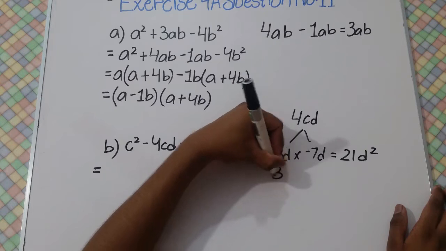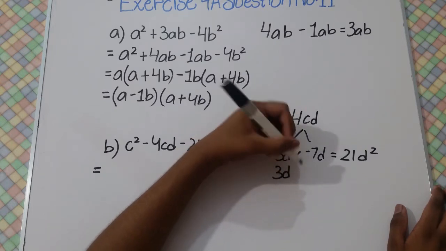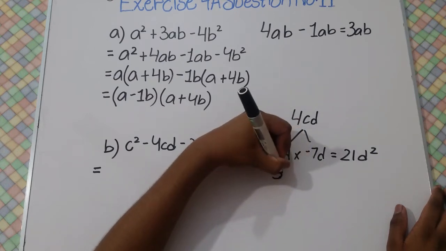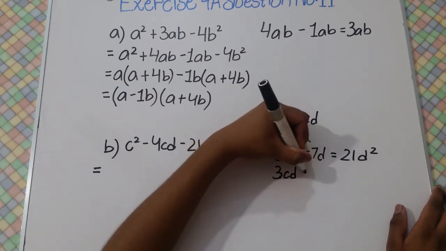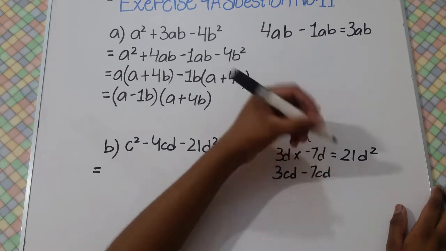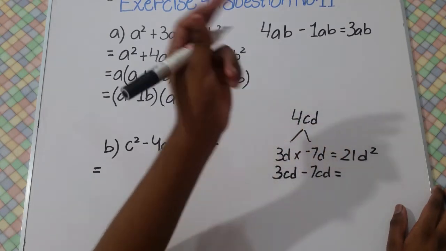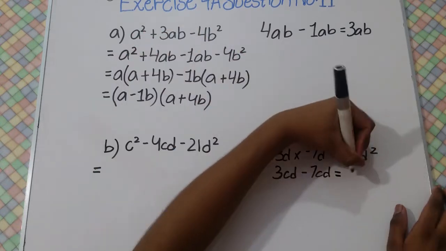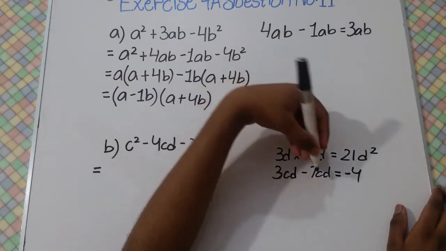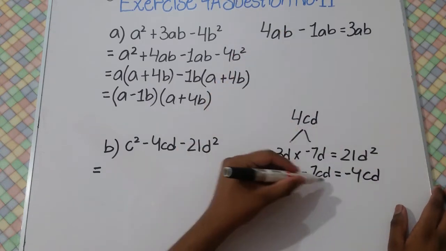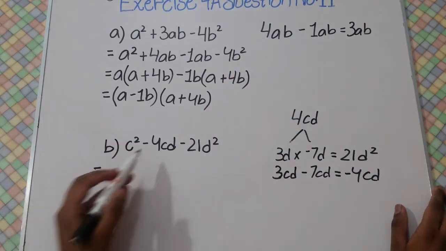And if we subtract them, meaning 3cd minus 7cd, because we need to get the answer in cd, 3 minus 7 would be minus 4, as 3 is smaller than 7, so minus 4cd. So this would be the middle term for minus 4cd.